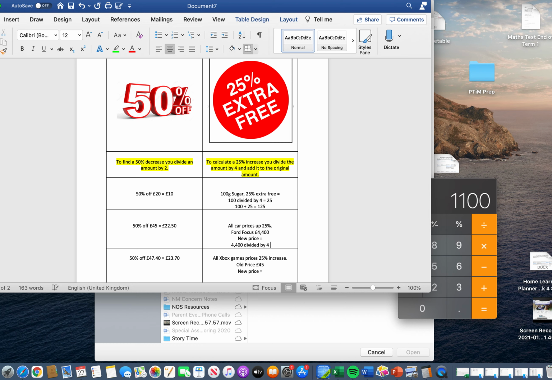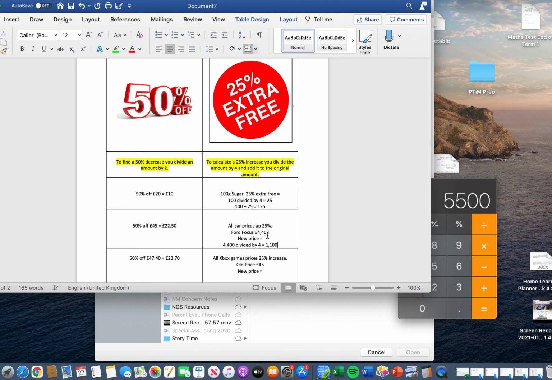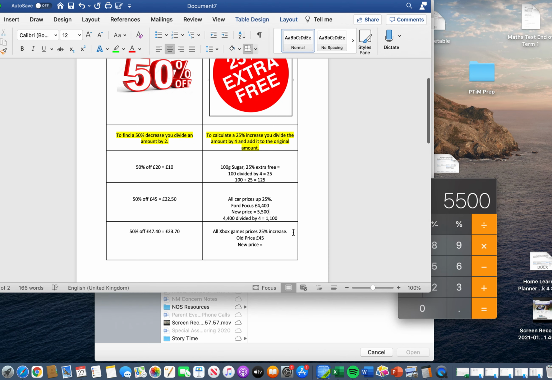And then you add that to the original amount. So 4,400 plus 1,100, of course, is 5,500. Okay. Last example here, guys, and we'll be able to move on.